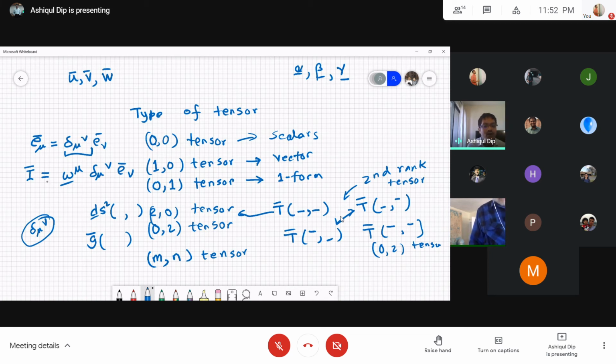That number could be a component of a second rank tensor. But can it take any vector or one-form, like in the definition of a tensor? Nope.